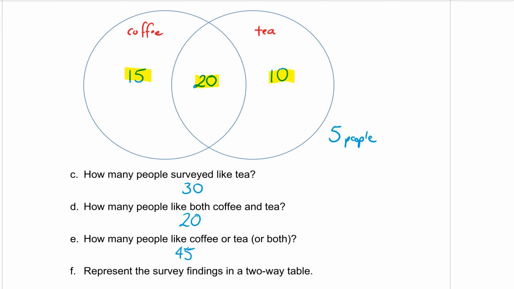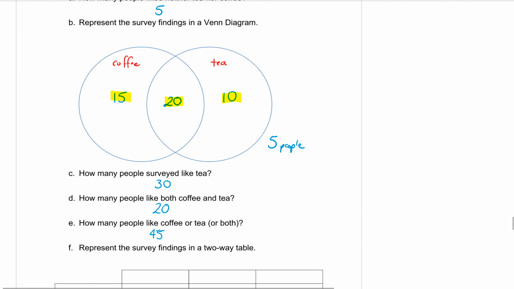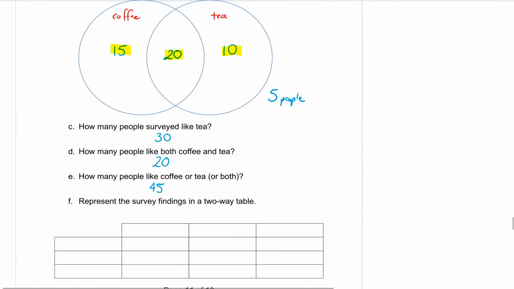Part F, represent the survey findings in a two-way table. So we want to translate that data into a table here. So we need to put some headings on here. I'm going to call this one likes coffee and dislikes coffee.